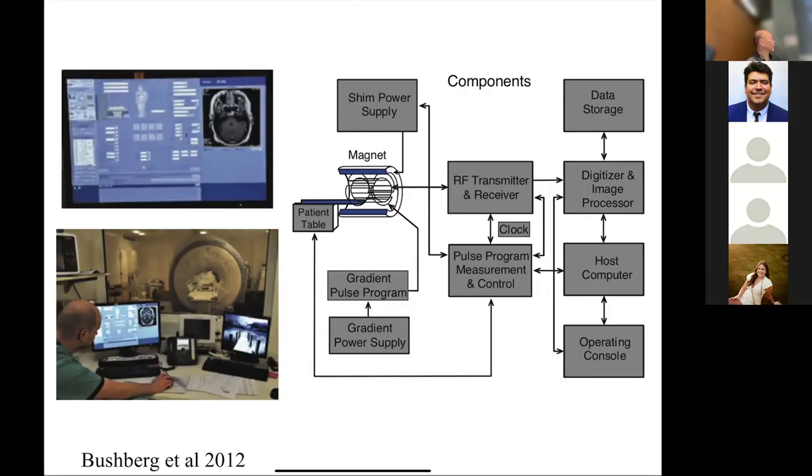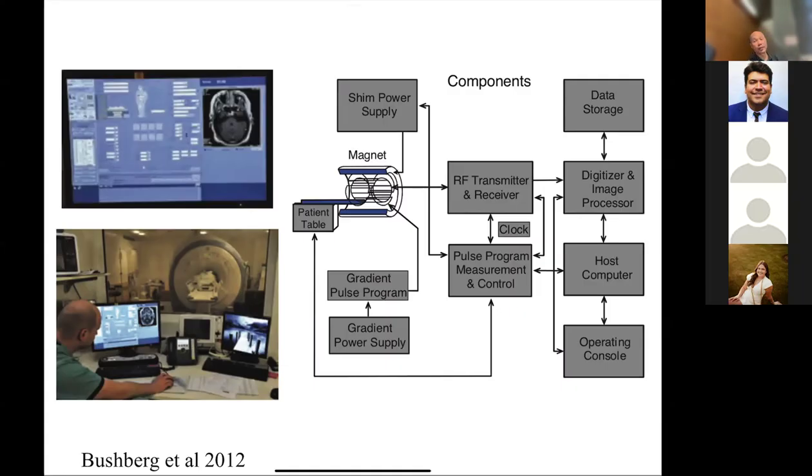The person is sitting outside the magnet behind a wall. The whole room is covered in copper foil to keep radio frequencies out, and we'll talk about why that's important. The person will be running the console behind that.